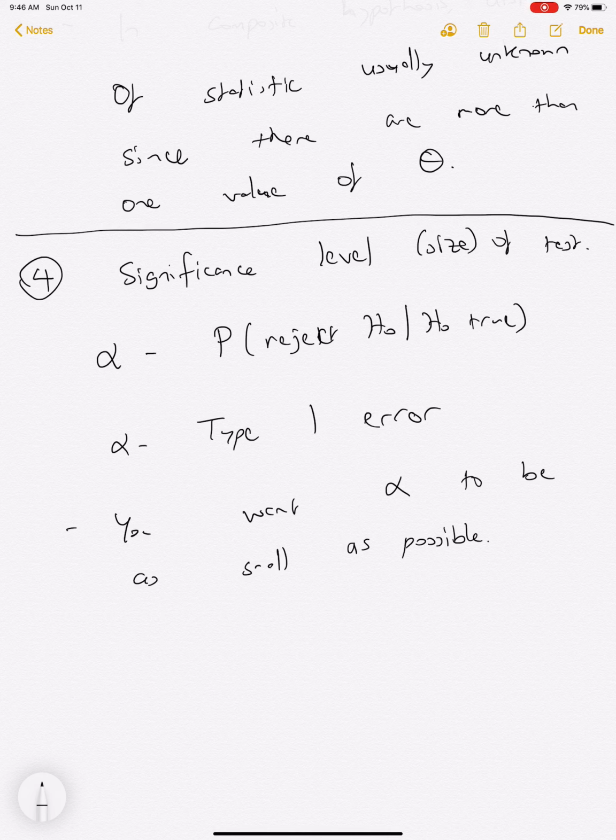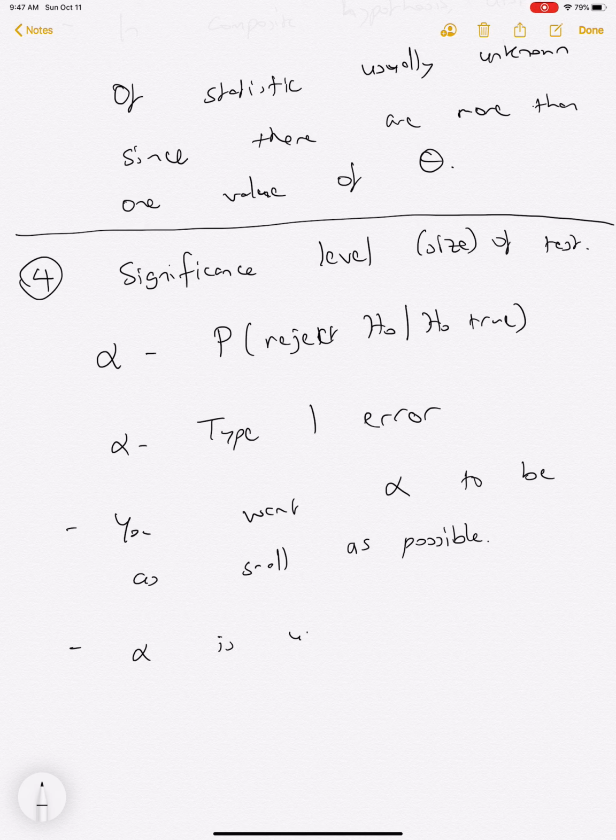But you can't have alpha equal to 0 because you have randomness in your data. If you set alpha to 0, then you'll never reject your test, and you don't want something where you never ever reject your test.